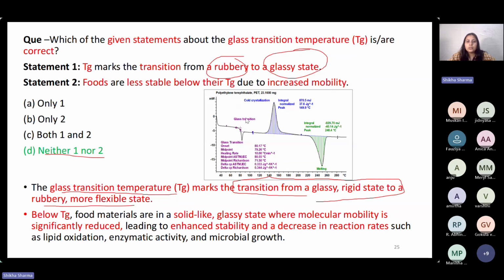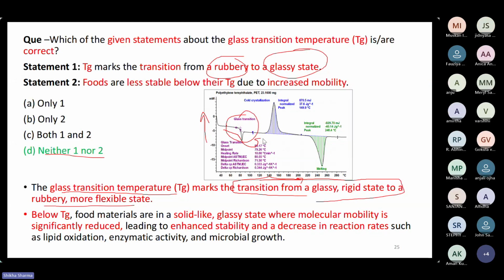If we see the polymers also, if we do the DSC analysis, here is the heat flux and here is the temperature. We can see here is a glass transition state. We can see in the polymers also when we heat it or undergo the DSC, differential scanning calorimeter analysis, there is a glassy to rubbery state transition.